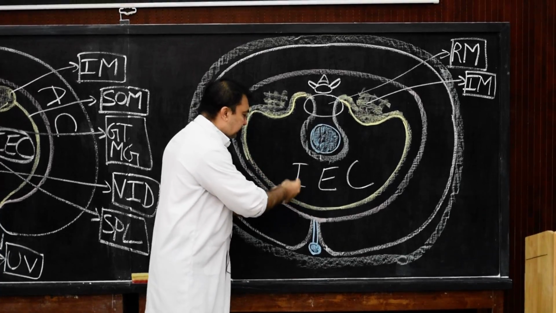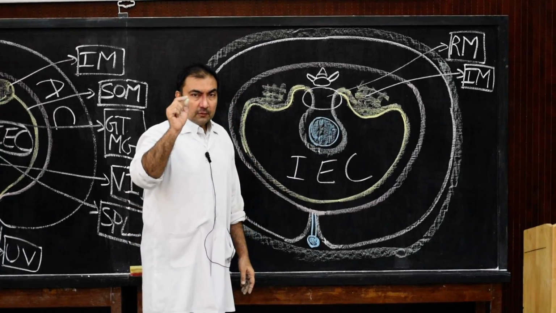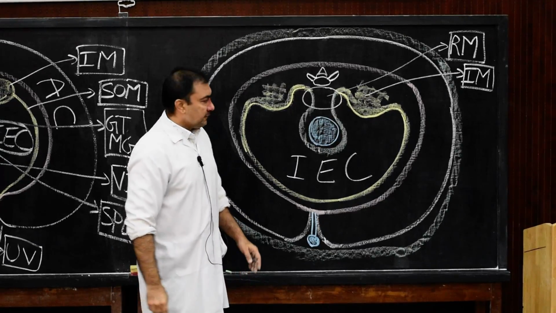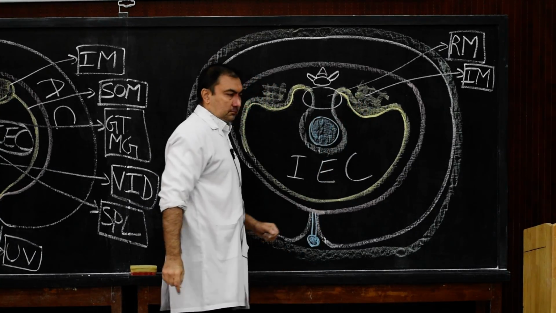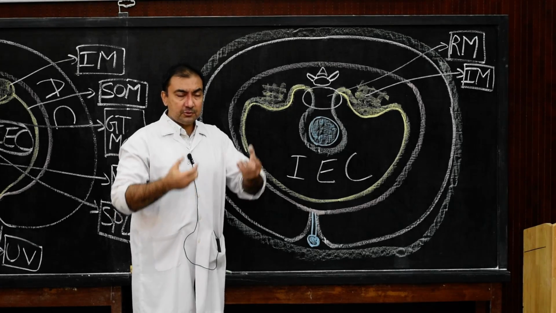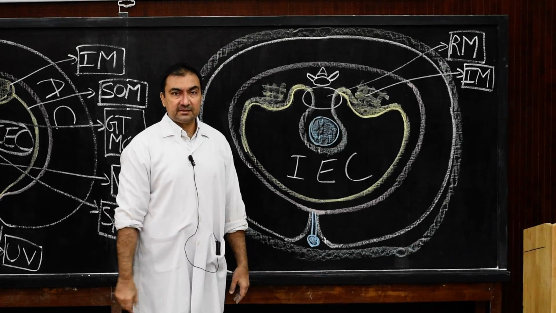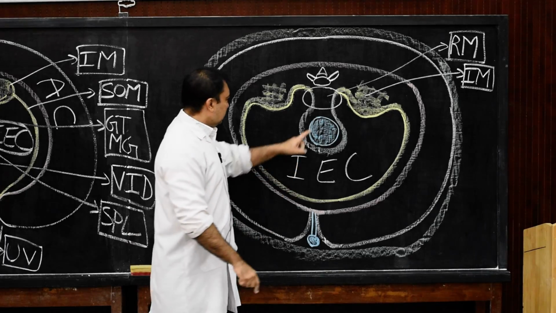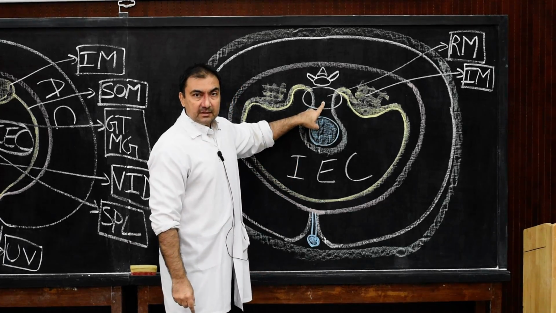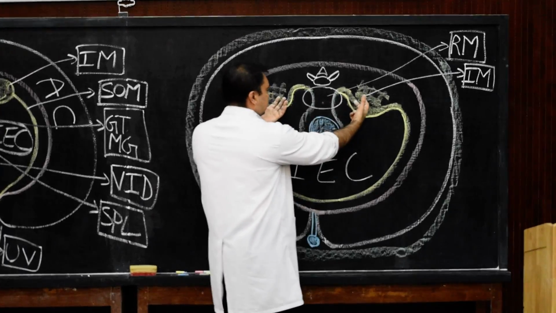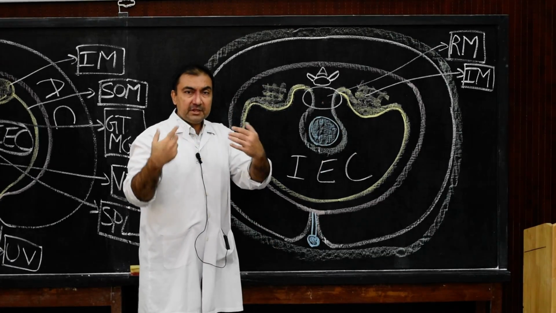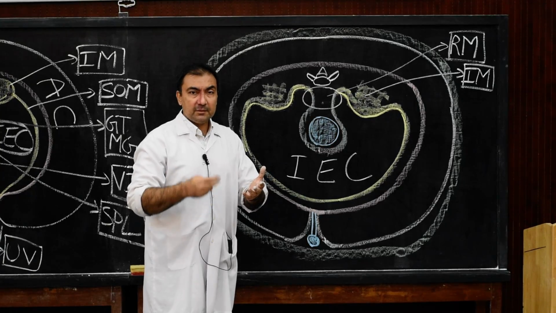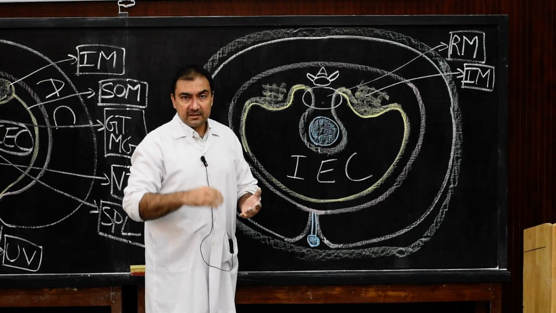Now once these two folds have been completed, one point which needs to be mentioned is that the two intermediate mesoderm, these two, will now appear as two longitudinal bulgings on either side of the dorsal mesentery. From intermediate mesoderm we know what structures will develop: urinary organs and genital organs.